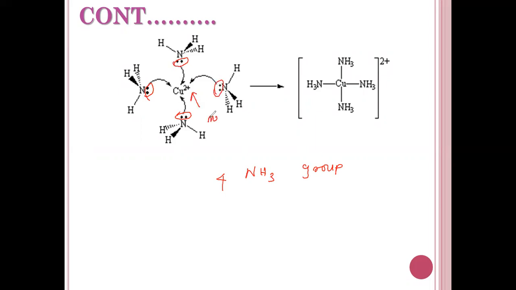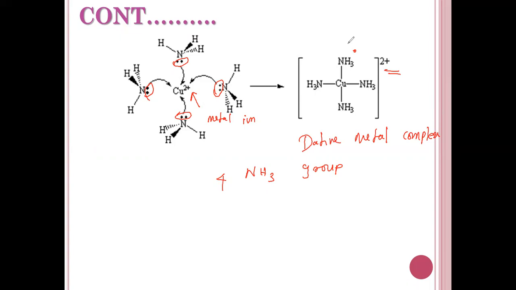Copper is a metal ion. Ultimately it ends up with the formation of the complex. Ammonia is a neutral one, 0, so your whole dative metal complex ends up with a charge. That's why we call this a metal complex.